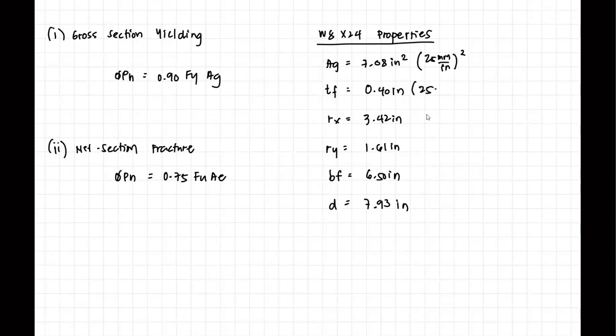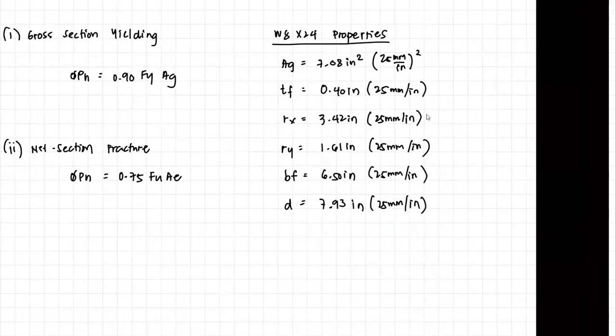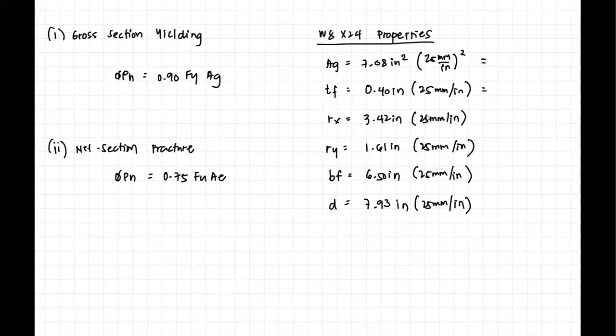And then for the others, we just multiply by 25 mm per inch. Right? So we have 7.08 times 25 squared, we have 4425 mm squared.